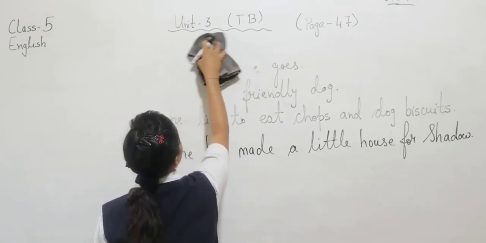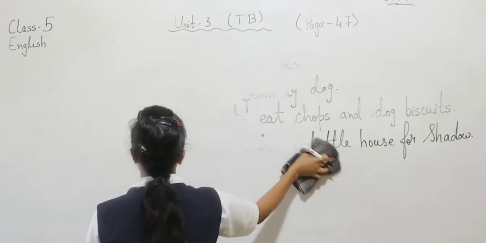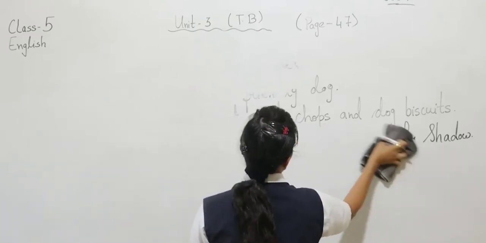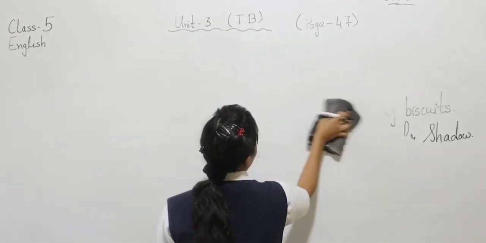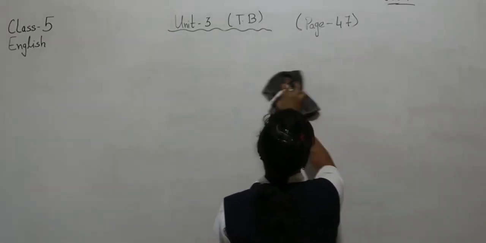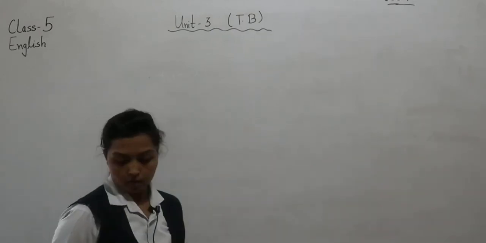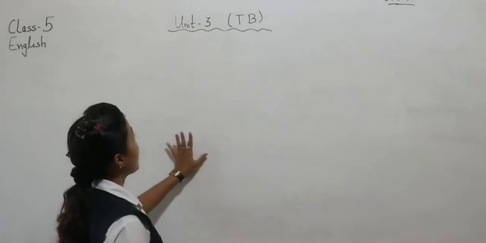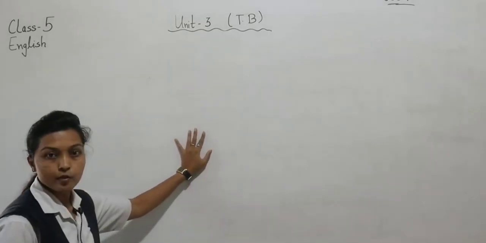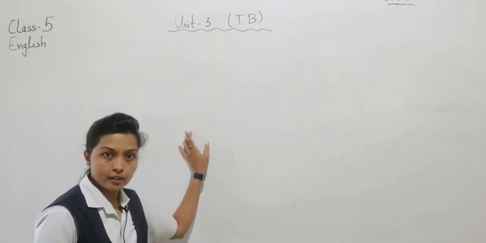Now we are going to start the Robinson footprints story part in the textbook portion. So unit 3, which includes one poem, My Shadow, the textbook portion is completed.